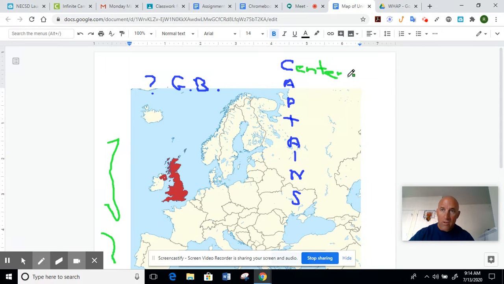You have the beginning of cities, people moving into cities, or urbanization. I apologize for the spelling. And you also have a large amount of coal. Now, why is coal important?